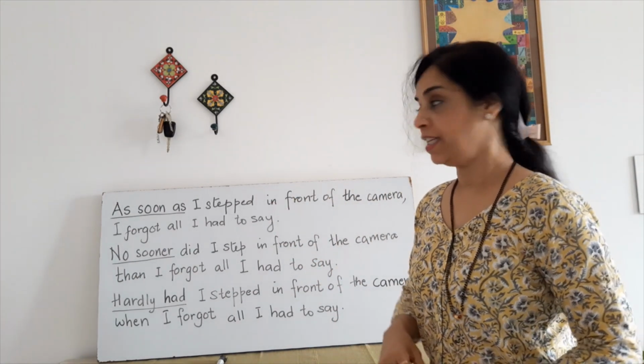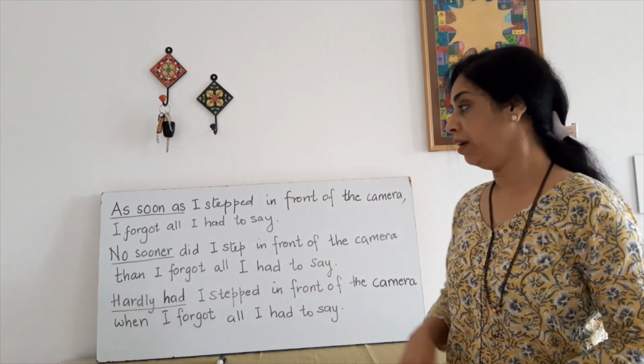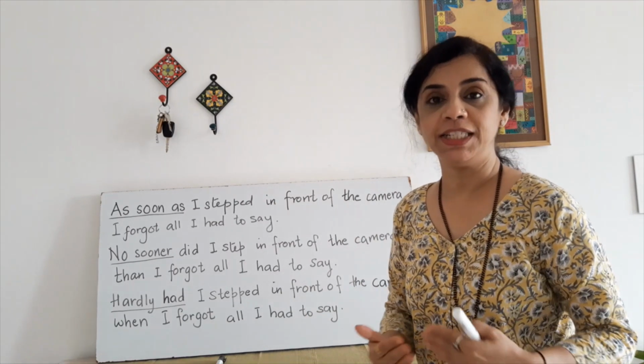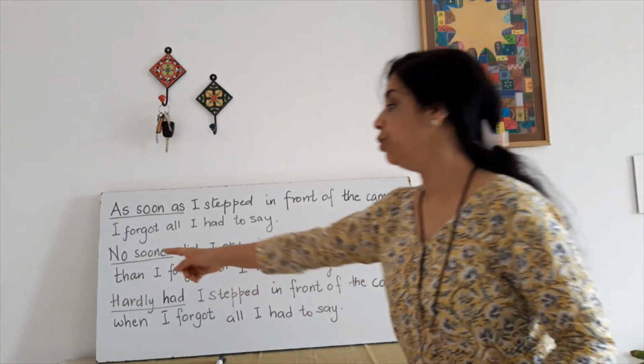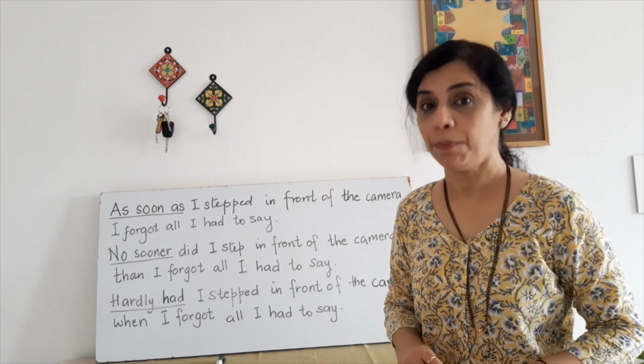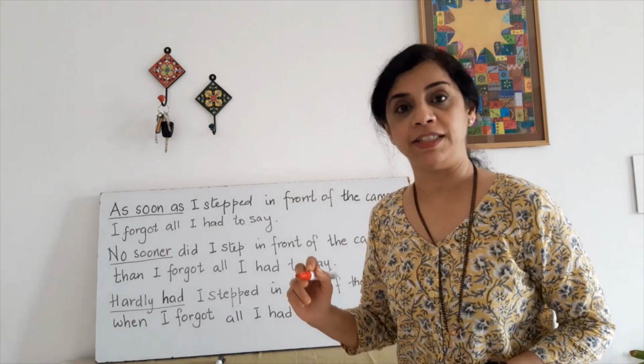Look at the sentence. As soon as I stepped in front of the camera, I forgot all I had to say. Now when you interchange it to no sooner, what are the changes that you have to focus upon? Okay? Now, check the tense.